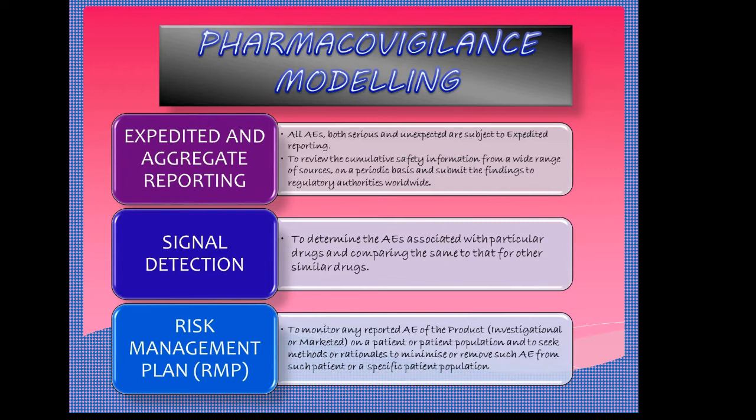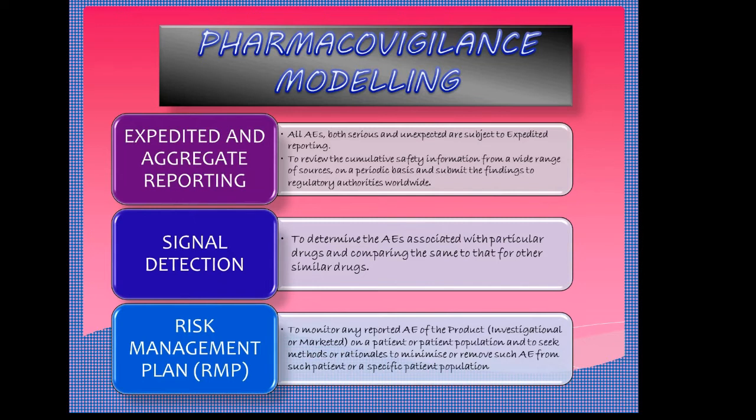And finally, after that, a risk management plan is done, where any reported adverse event of the product on a patient or population is monitored, and methods or rationale are sought to minimize or remove such adverse event from such a patient or a specific patient population.